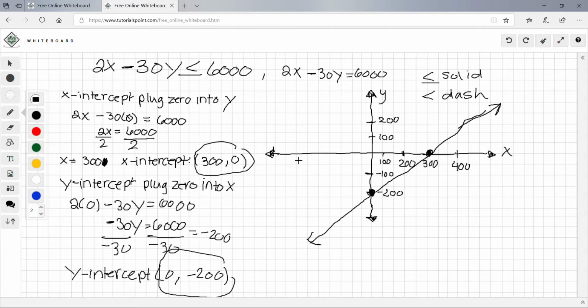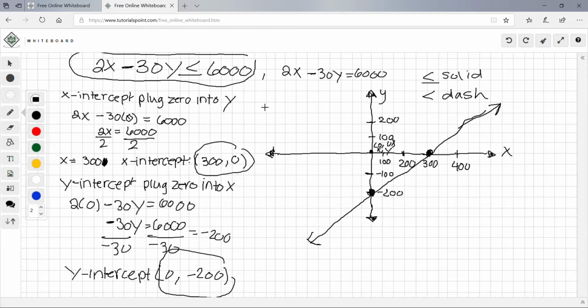Okay, now the next step is we have to shade the region. How we shade the region is you pick a point that does not touch the line in any way. I would always use 0, 0, the origin, because it's really simple. The 0, 0 could be our x and our y. You plug this into the original inequality, not this equation, but the original one right here.